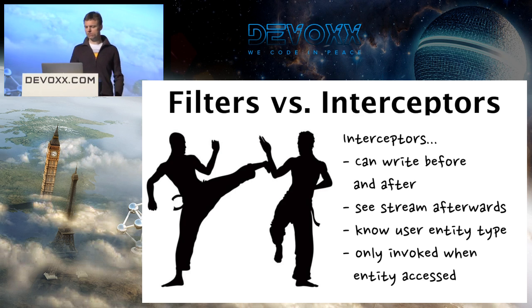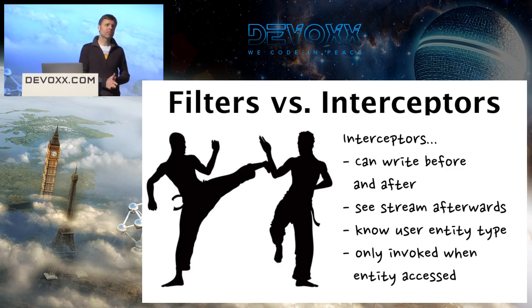So here are the differences. Interceptors can actually write to the output stream right before the data is flowing, and right after it. They have a hold on the stream object after the processing. That's what we saw right after calling proceed.